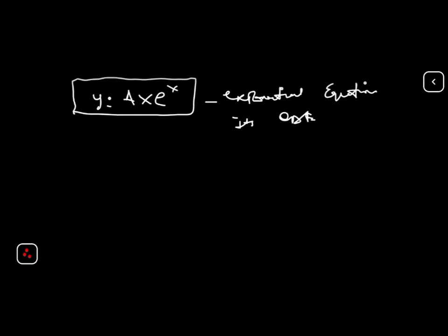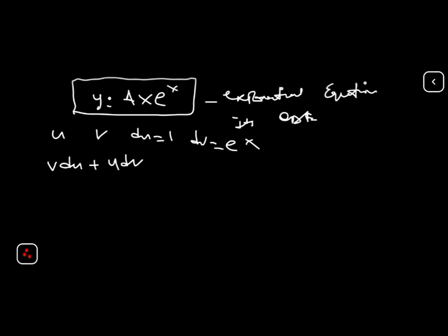All right. So we would call our x our u, and we would call our exponential e to the x our v. And the product rule is given by v du plus u dv. So if we call our x u, du is equal to 1 and dv is as well e to the x.